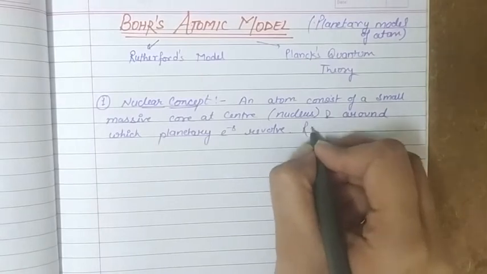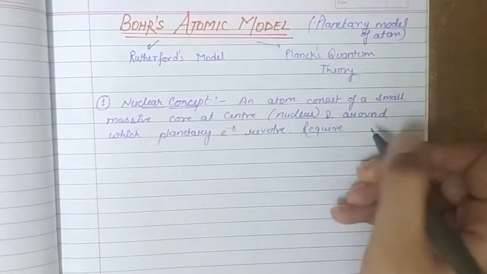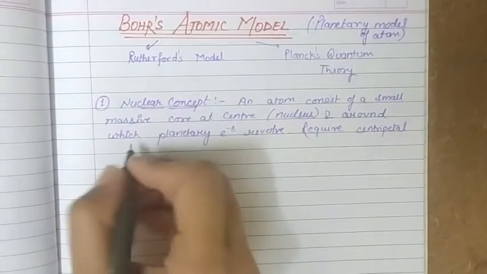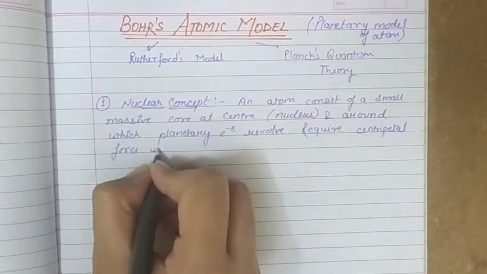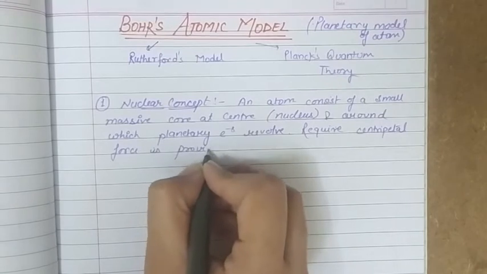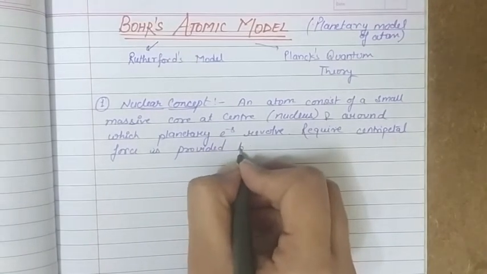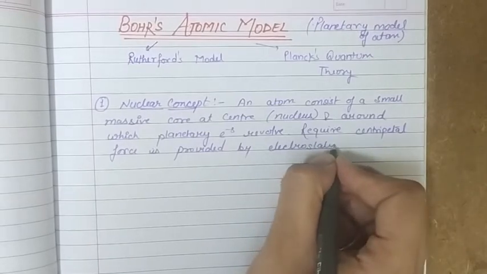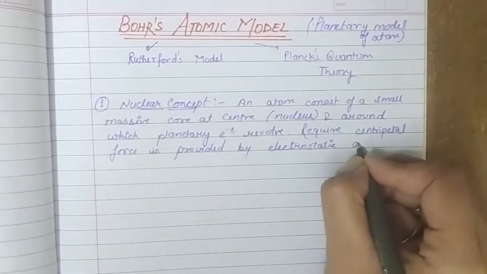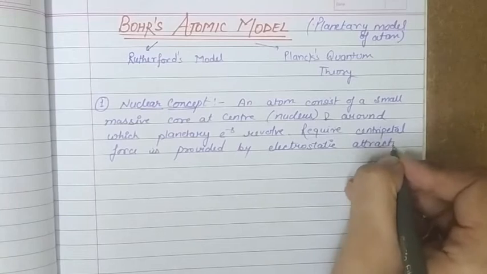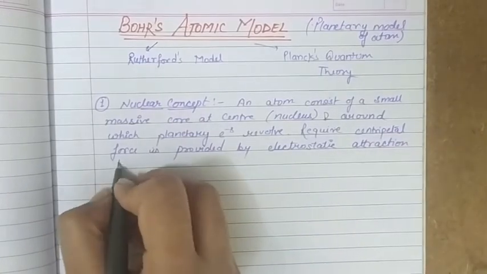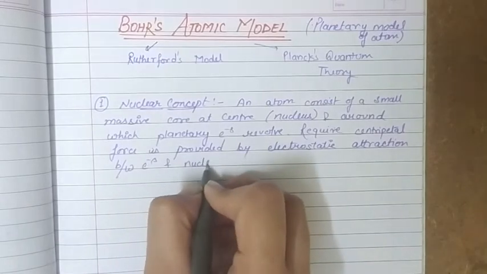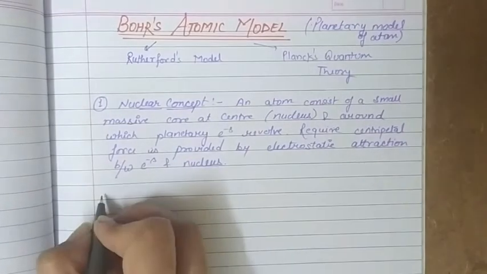The required centripetal force for this planetary motion is provided by the electrostatic attraction between these electrons and the nucleus. This was the first postulate of Bohr's atomic model.